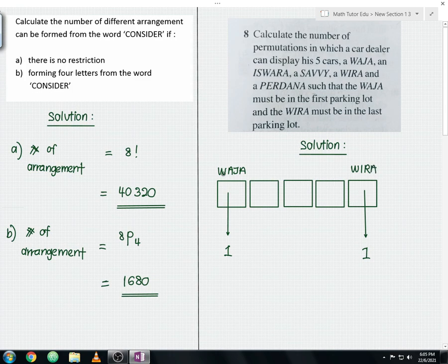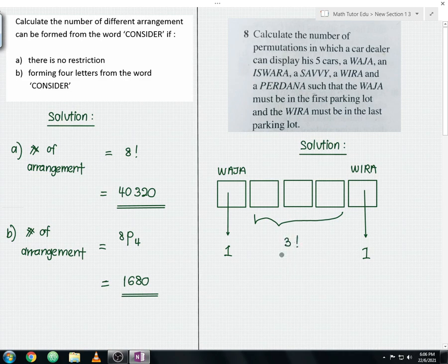Okay, now your Wajah and Vira have already parked in the respective parking lots. You still have Iswara, Savi and Perdana. So this Iswara, Savi and Perdana can be parked within these 3 parking lots, guys. So these 3 cars will be permutating each other in terms of the arrangement. So since these 3 cars can permutate each other, these 3 parking lots will become 3 factorial.